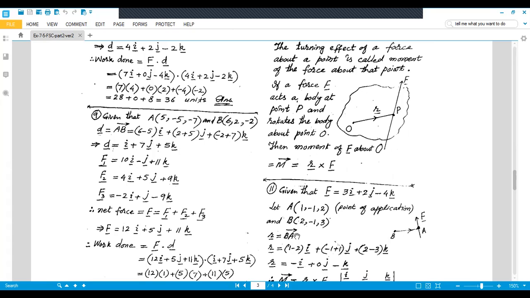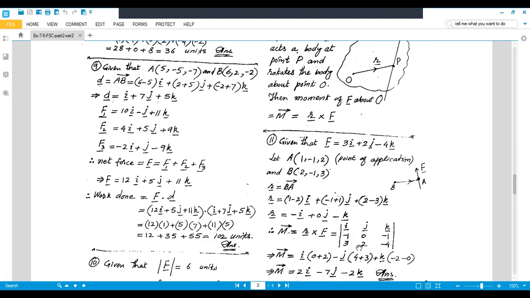Because you have been given to find the moment of the force about the point 2, minus 1 and 3. So BA: 2 minus 1, 1 minus 2. BA is 1 minus 2, minus 1 plus 1 j and 2 minus 3k. So we get R. Now you have to find the cross product.